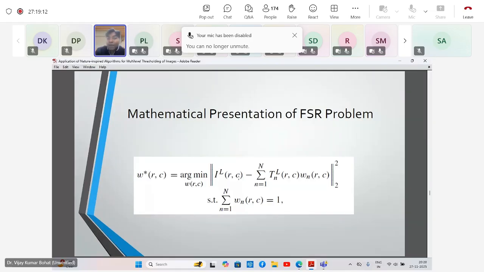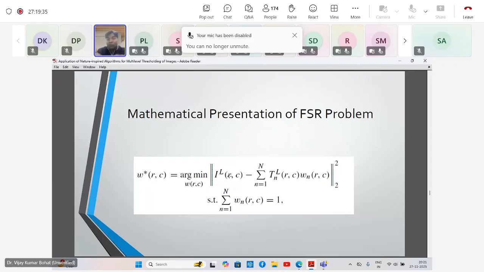We try to minimize this function to 0. Because if we are able to get 0 from this function, it means we have found the weights which, applied to the training images, let us create the input image. Because the subtraction is 0, it means identical images are on both sides.